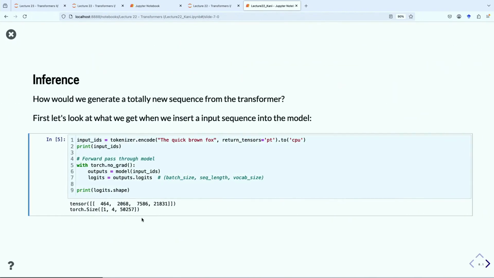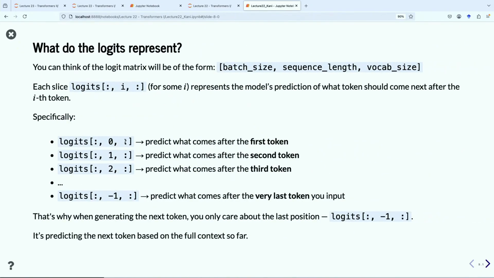The first token is "the". This represents the probability space of what should come after that first token. Similarly, what should come after the second token, the third token. And this represents what should come after the very last token, which would be, in our case, 3. There are only 4 sequences, right?